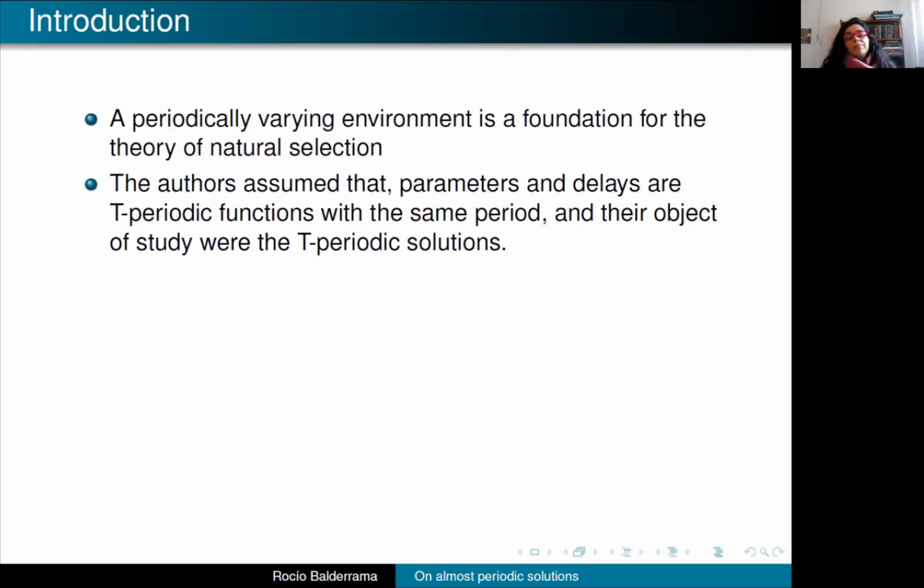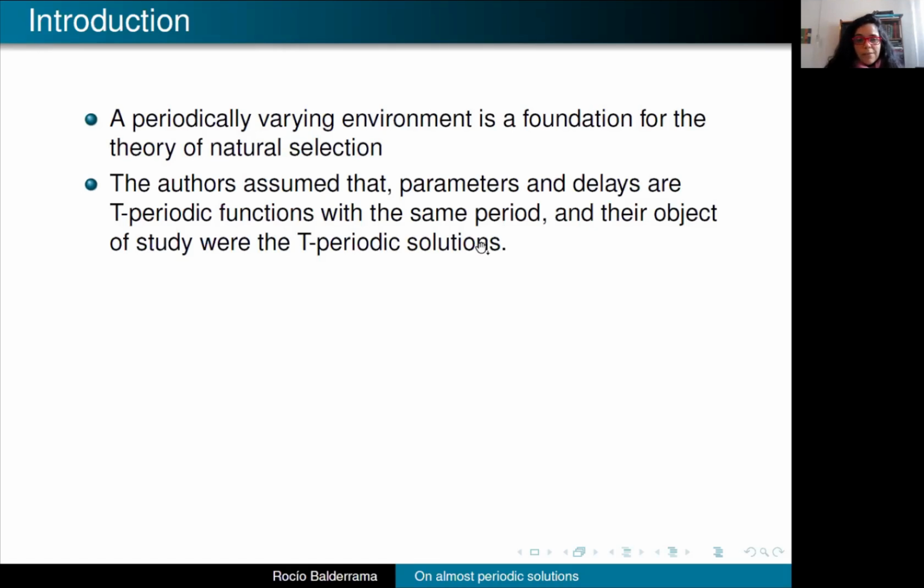In these works, authors assume that parameters and delays are T-periodic functions, all with the same period. The object of these works is to study the periodic solution, so the solution inherits the period of the parameters.